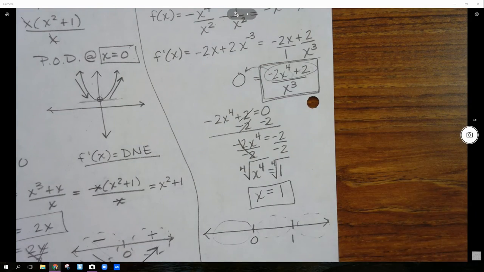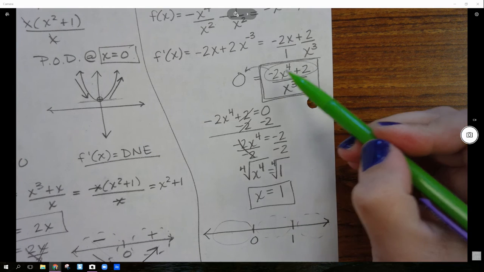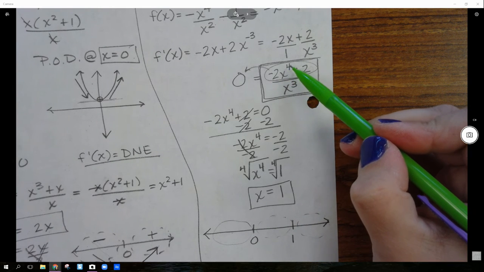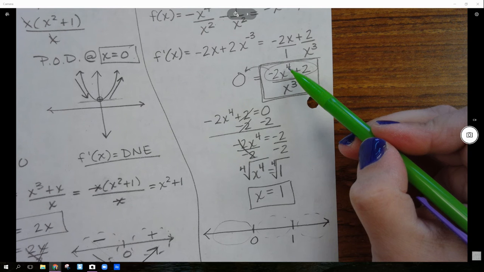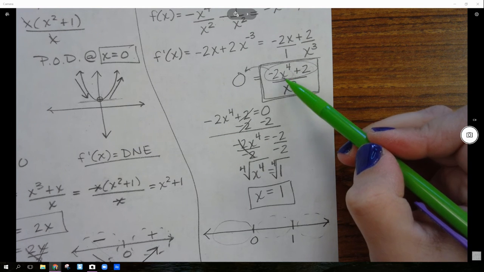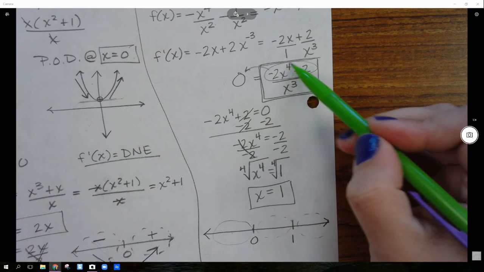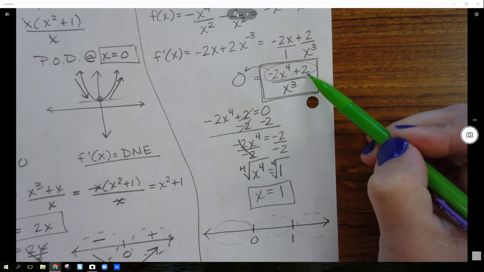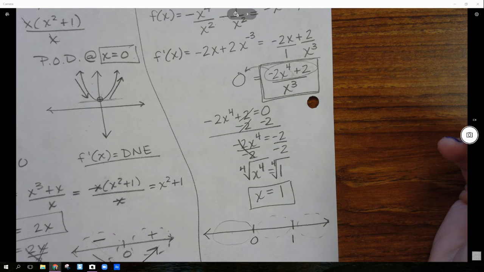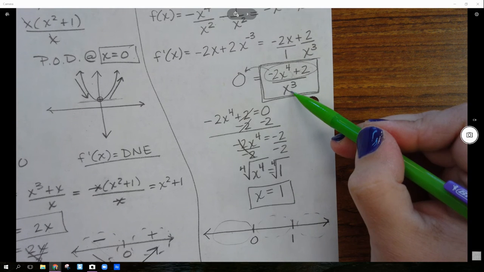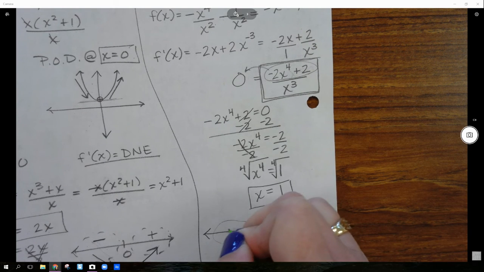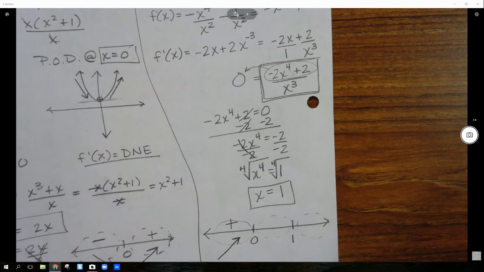If you put something negative in, anything negative to the 4th power is positive. Negative 2 times a positive number would be negative, plus 2 could also be negative. And then this would be negative, so this will be positive right here. So this is going up.